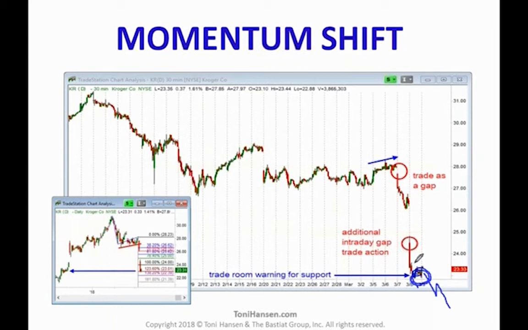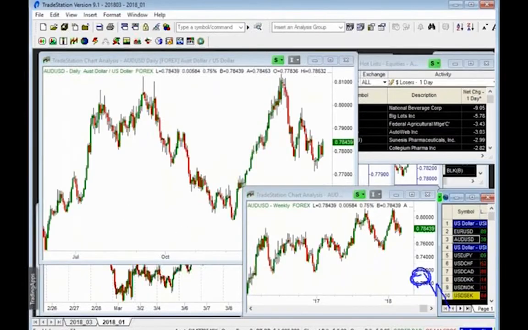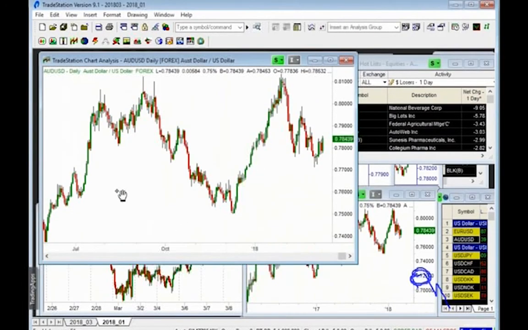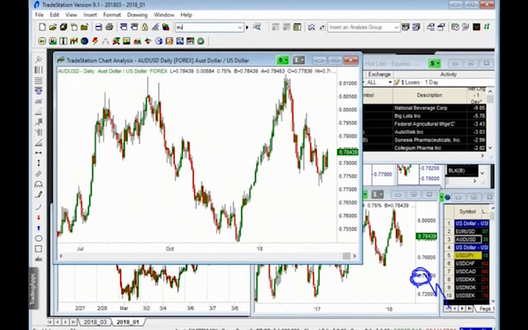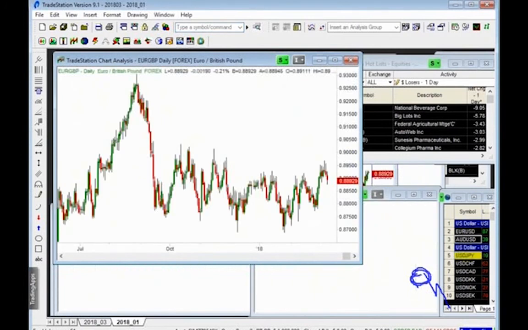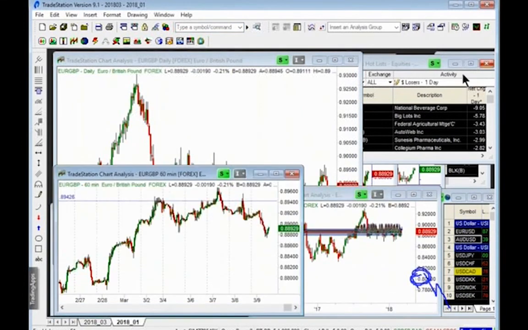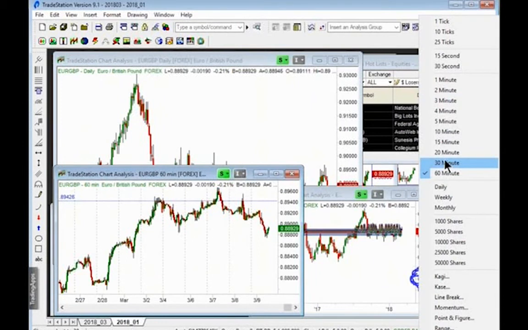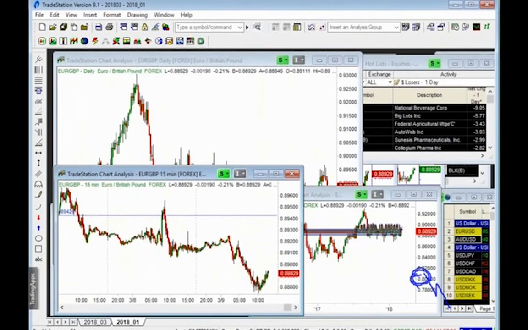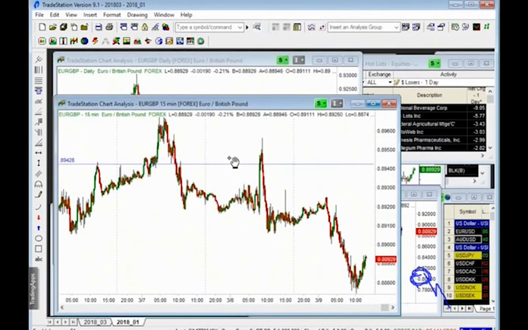And let's see, I can actually go and show you guys what that's doing now, and how that reacted. We'll look at this. Oh, it's still reacting off of that same zone. So you can see it held it almost perfectly.